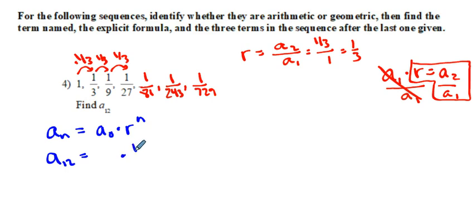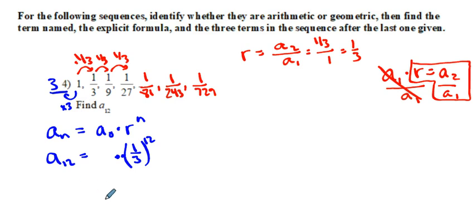I'll multiply by the ratio 1/3, raised to the 12th power. And what is term 0? If I'm multiplying by 1/3 going forwards, then I'm going to divide by 1/3 going backwards, which is the same as multiplying by 3.